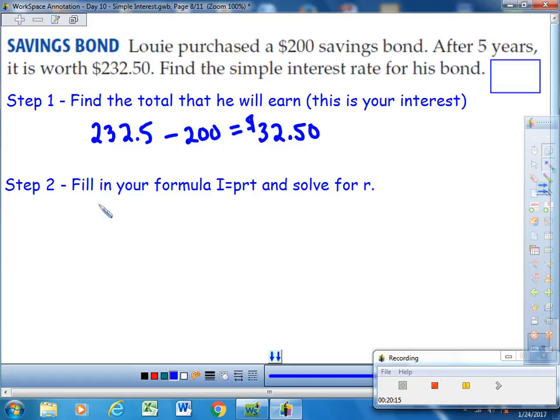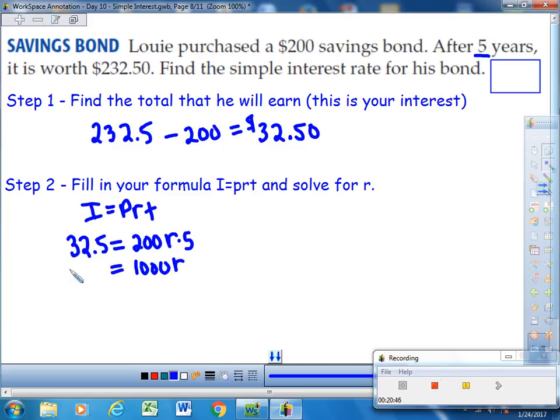And so we're going to fill out our I equals PRT. My interest is $32.50 equals my principal of 200 times R, which I don't know, and then I'm going to times this by 5 for 5 years. So 200 times 5 is 1,000.